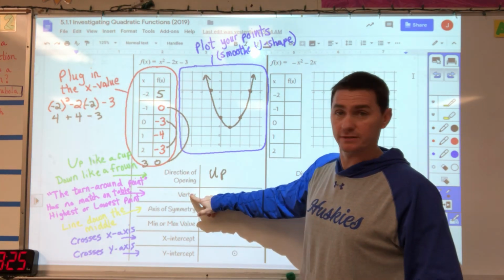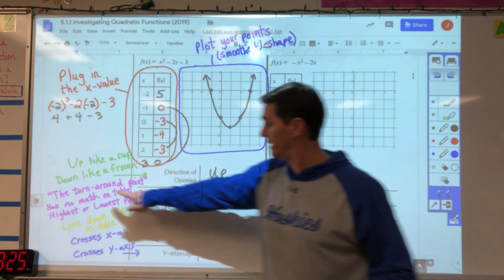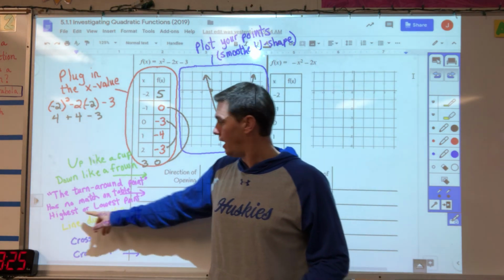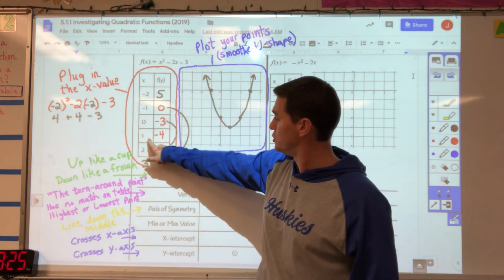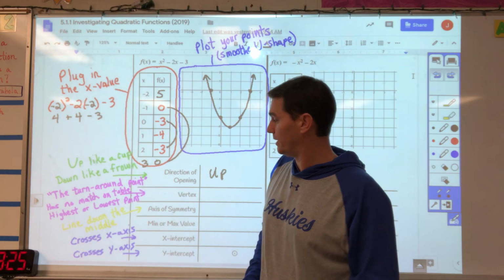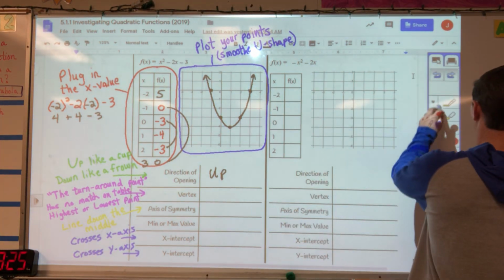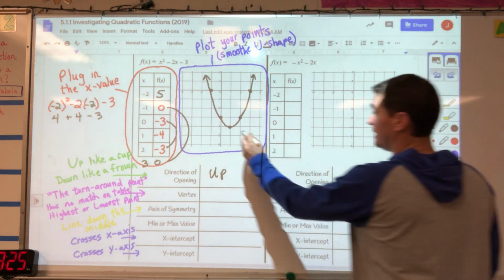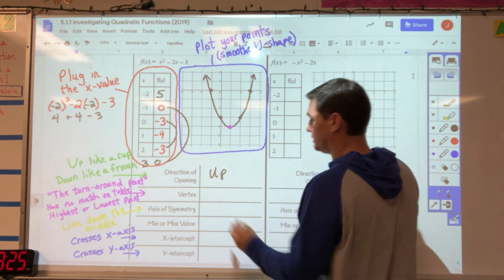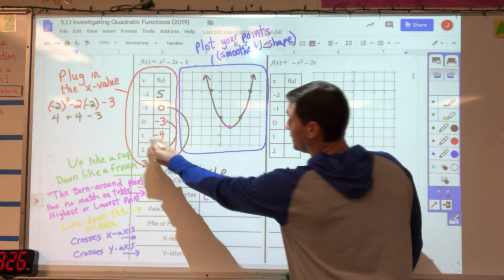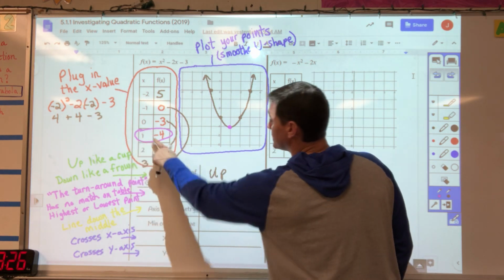To find the vertex is a pretty important point. It's the turnaround point. You'll notice on the table it has no match. It's the highest or the lowest point. In this case, our vertex is right here, this point. And that point is also right here because it has no match.